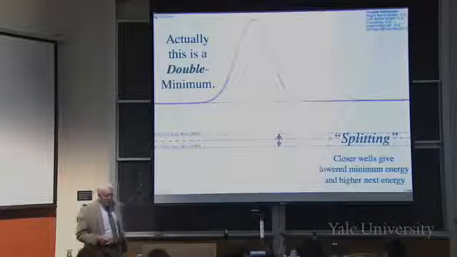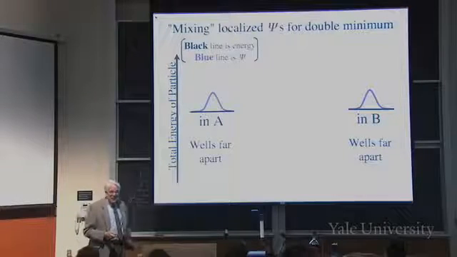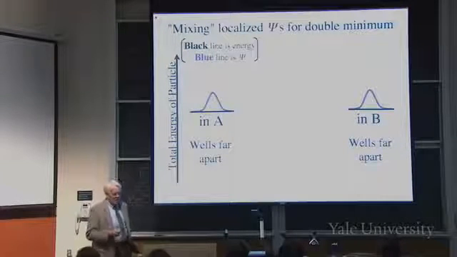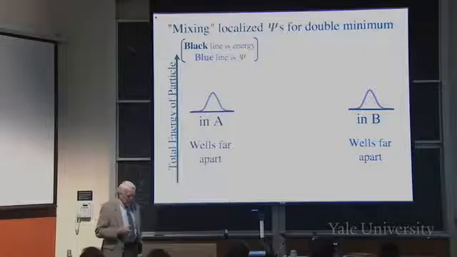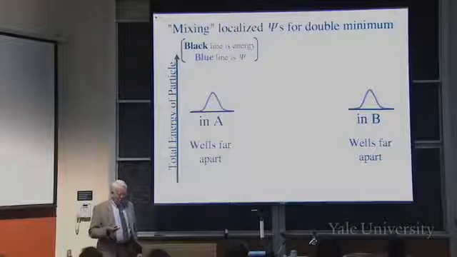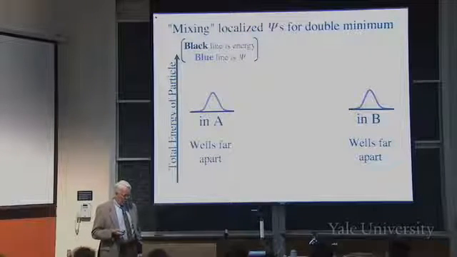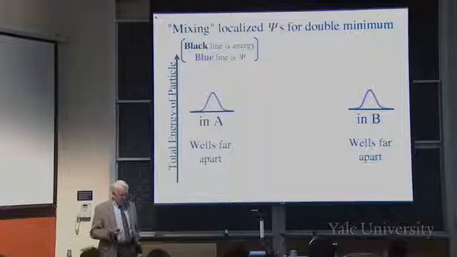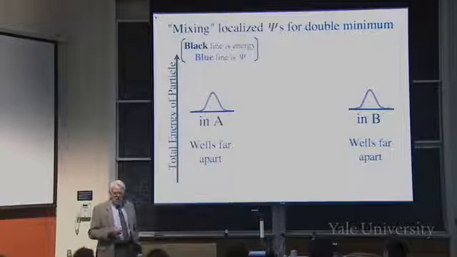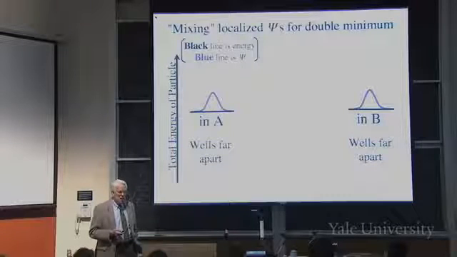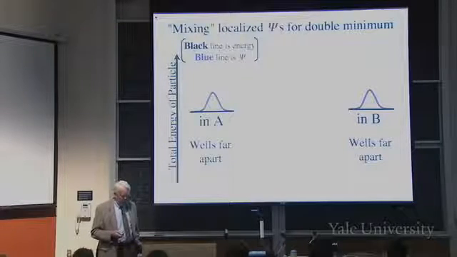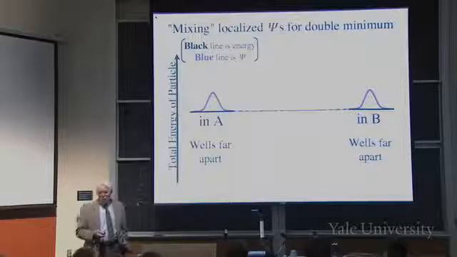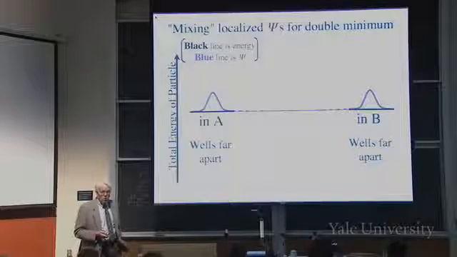Now that's really important because that's what makes bonds, right? So if we have two atoms or one-dimensional wells far apart, say A and B, right? And we get a solution in A and a solution in B. And if we want the solution for the whole thing, we just put them together that way, right? No nodes.